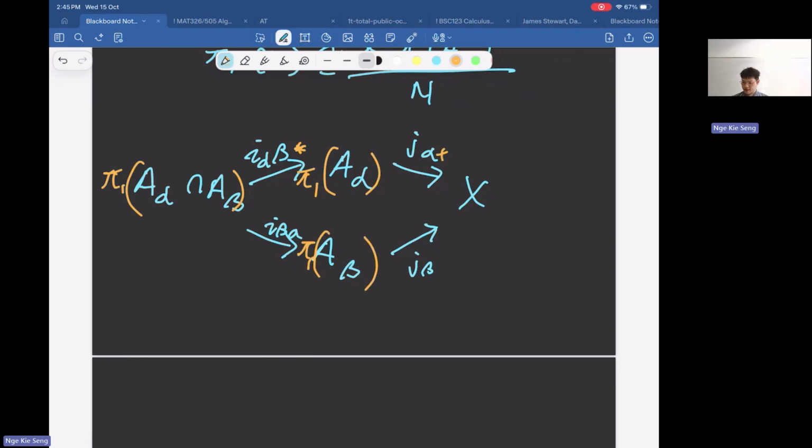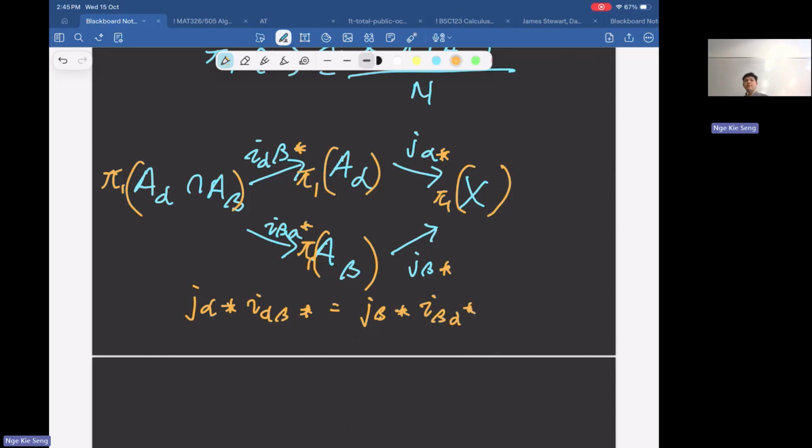Under this commutative diagram, what do you know? j_alpha star i_alpha beta star equals j_beta star i_beta alpha star.